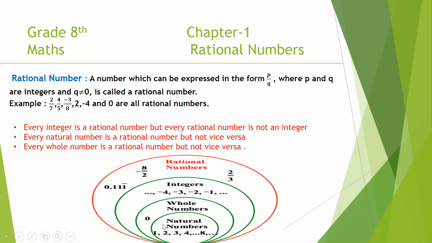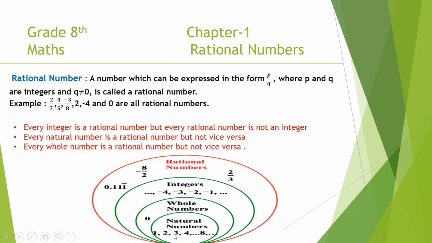Natural numbers, as you all know, are counting numbers, like 1, 2, 3, 4 till infinity. Natural numbers along with 0 are called whole numbers. What are integers? All positive and negative numbers including 0 are called integers.